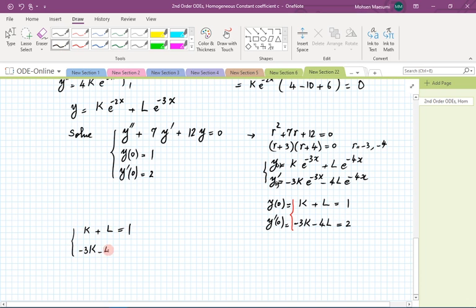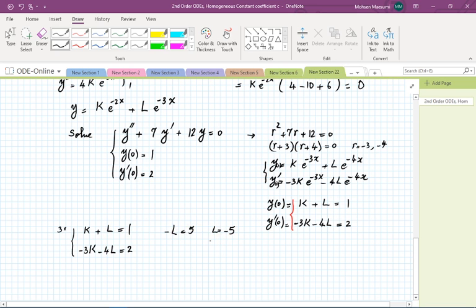Say I want to do this equation, so I go ahead and multiply this equation by 3, add them up. That's going to be method of elimination, because when you add them, 3k and 3k cancel each other out. You have 3l minus 4l, so that becomes minus l, and you have 3 and 2 is a 5. So your l is minus 5.